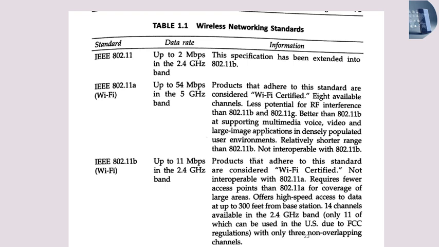IEEE acts as a standards body. Standards are very important in networking since multiple devices that are often heterogeneous and manufactured by different vendors need to communicate. IEEE proposes standards for new technologies and maintains all standards.